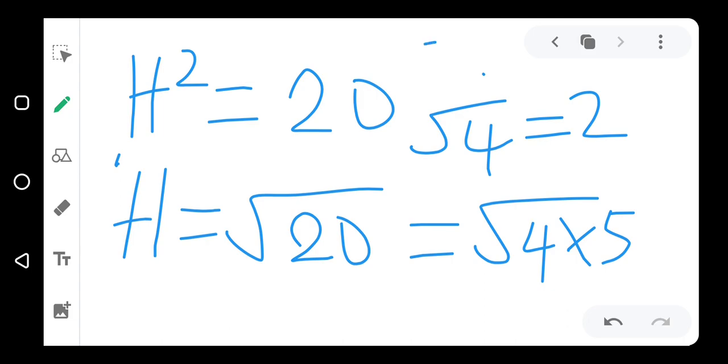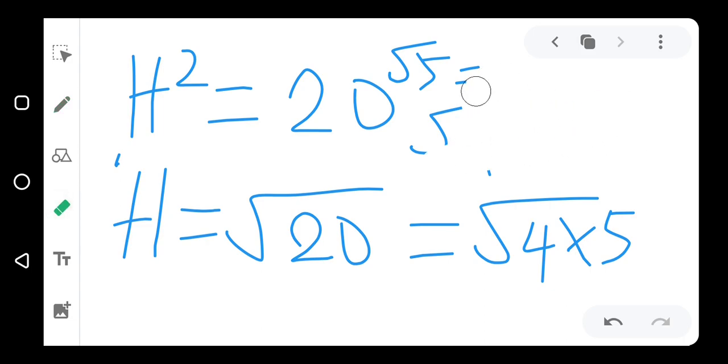But if you look for the square root of 5, it will give you 2 point something. So 4 is a perfect square because its square root does not give us a decimal point. But 5 is not a perfect square because its square root will give us a decimal point. So that is the meaning of a perfect square.